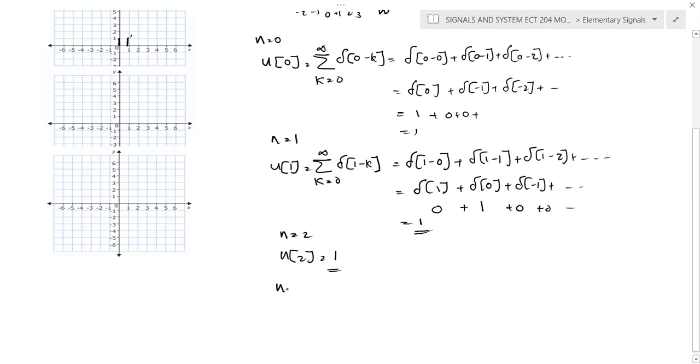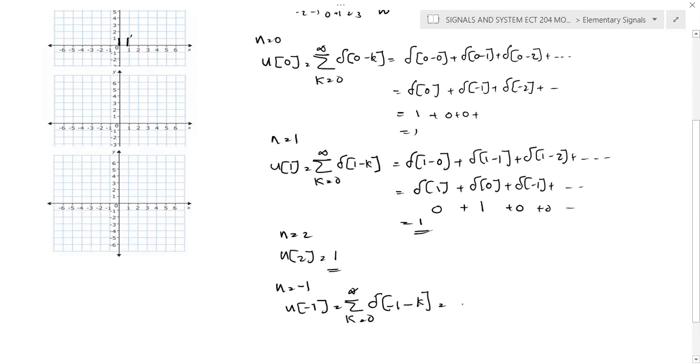Now similarly, if you observe n equal to minus 1, that is u of minus 1, the expression becomes sum for k equal to 0 to infinity of del of, in place of n you can substitute minus 1, minus k.